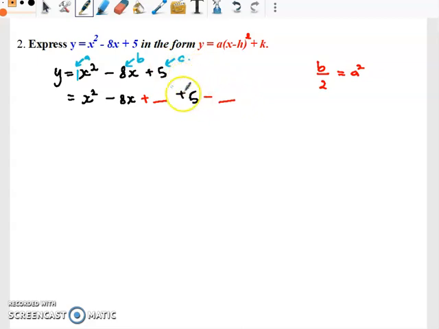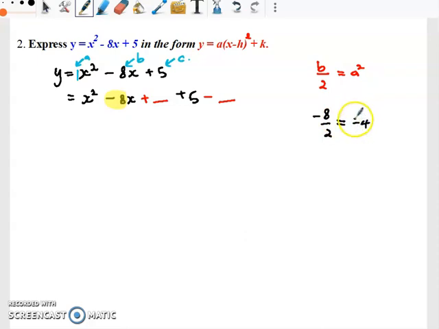So in this specific example, we have b over 2. b in this case is minus 8. Sometimes a lot of persons just say b is 8. b is minus 8. So you bring the sign along with the 8. So minus 8 divided by 2 is equal to minus 4.